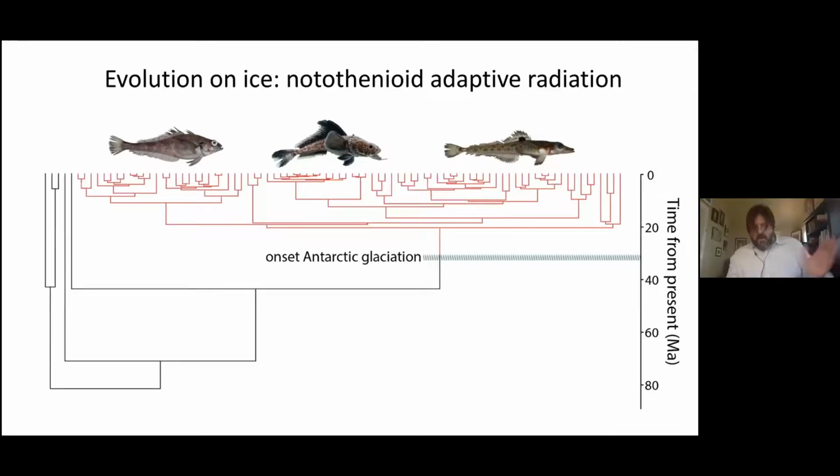What happened is that you ended up having a mass extinction within the Antarctic waters of species that were unable to accommodate this temperature change, and then a radiation of those that could. Of the ones that radiated, the notothenioid lineages are about 90% of the total biomass of fishes within the region. The phylogeny I'm showing you here shows where the radiation has occurred.